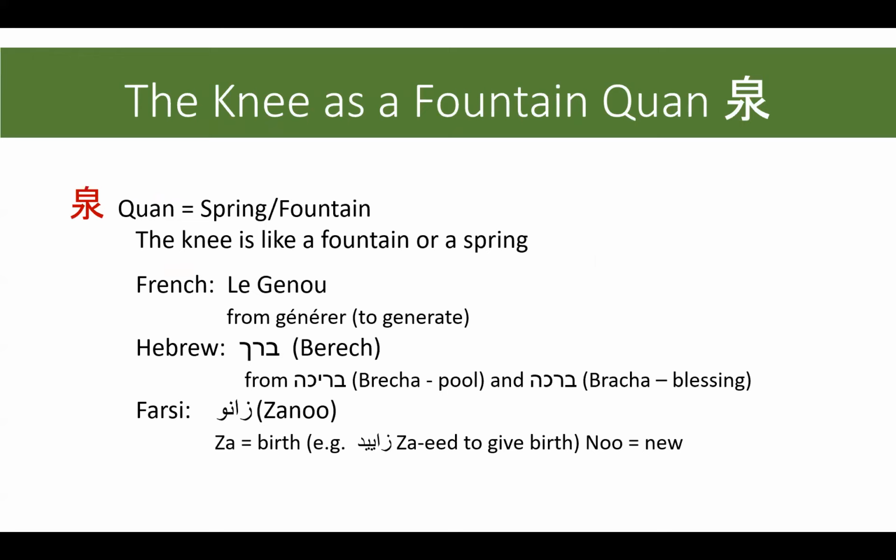Yeah, you know, le genou, it comes from the word générer, to generate something. By the way, it's this exact same thing in English. It's a little unclear. Okay, so the knee, K-N-E-E, is actually very similar to new, something new. You're creating something new, you're generating something in the knees.